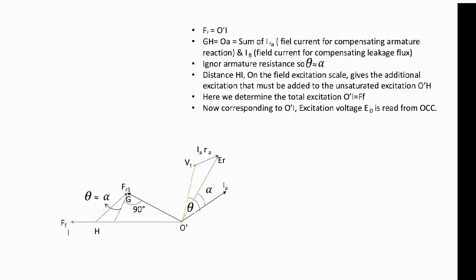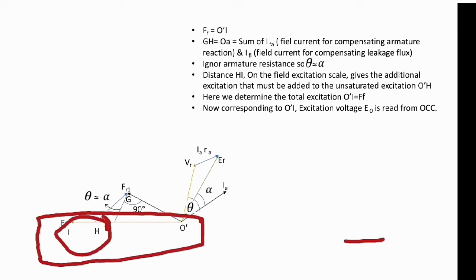So the distance HI on the field excitation scale gives the additional excitation that must be added to the unsaturated excitation O dash H. Okay, so through this we determine the O dash I. If we add the HI, then we also add the saturation.